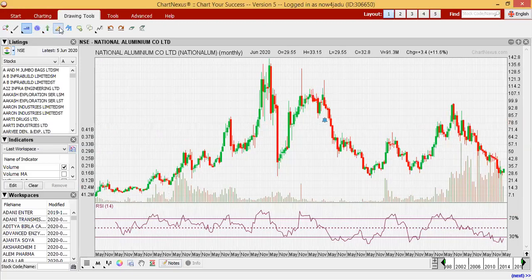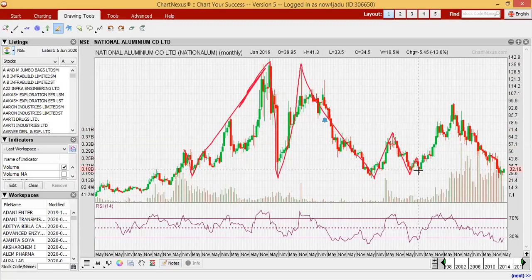See, in the year 2004 it took support here and came back to this level, bounced back to this level, and again came to the 25 level in the year 2008, and again bounced back to the 130 level, and again came to the 25 level in the year 2013, again bounced back up to the 60 70 level, and again came to the 25 level, and again slightly bounced back, again taking support. See here, if we draw a horizontal line here.